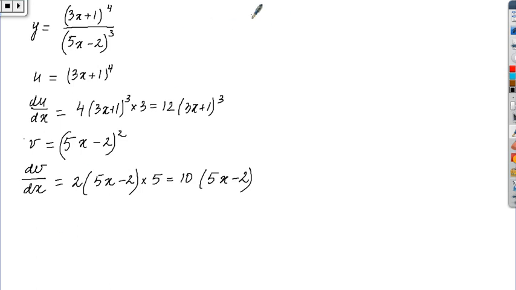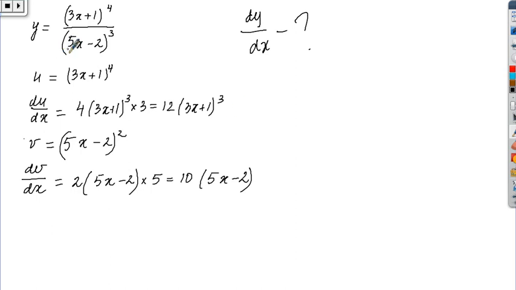So our task here, let's write what is dy by dx. Our u is 3x plus 1 to the power of 4. Since it is a function of a function, we have to apply the chain rule to find du by dx. We have 4 times 3x plus 1 to the power of 3 times 3, which is the derivative of the internal function, equals 12 times 3x plus 1 to the power of 3.